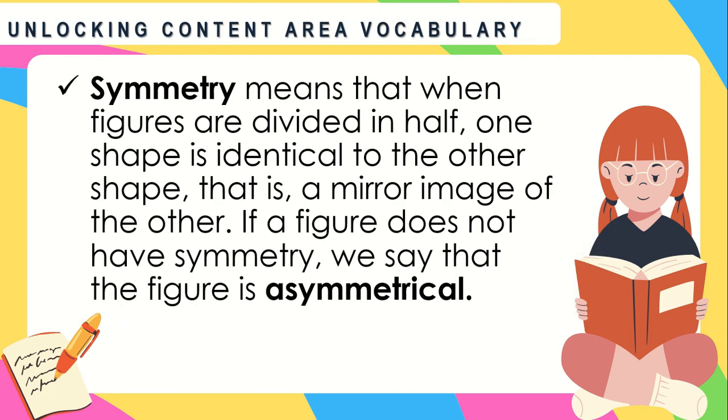For the unlocking content area vocabulary, let's define these terms. Symmetry means that when figures are divided in half, one shape is identical to the other shape. That is, a mirror image of the other. If a figure does not have symmetry, we say that figure is asymmetrical.